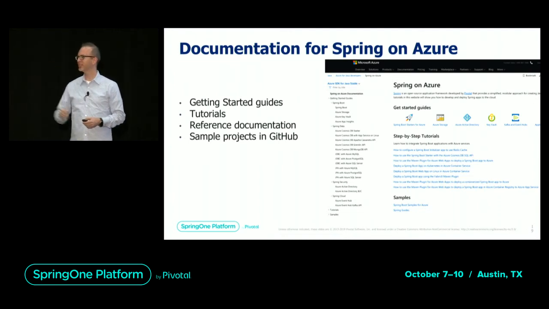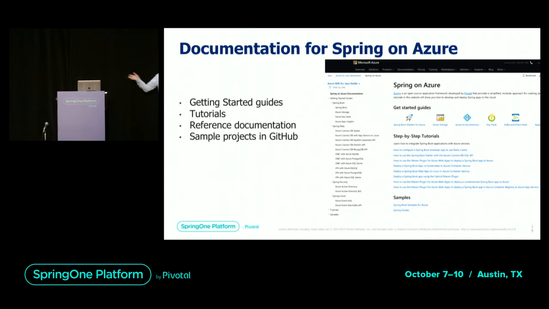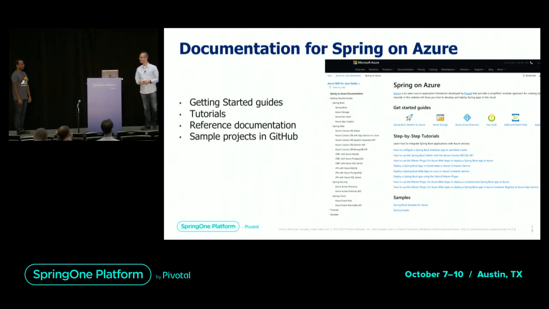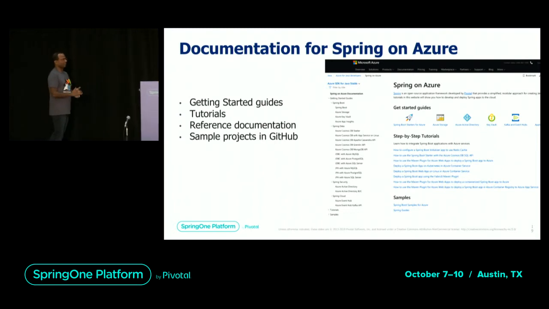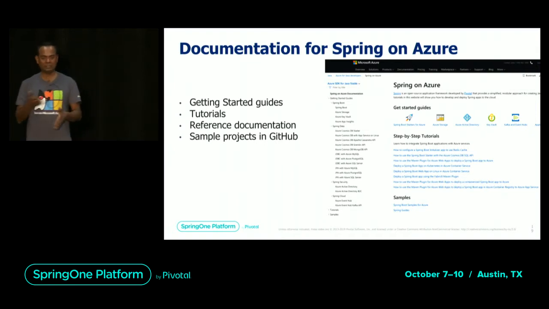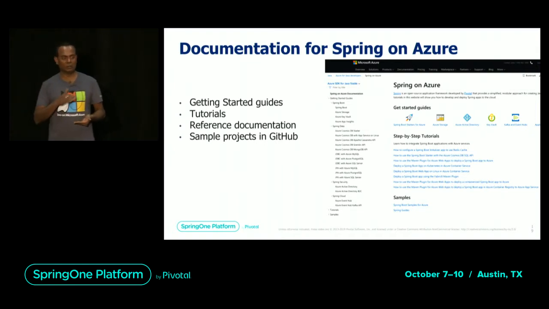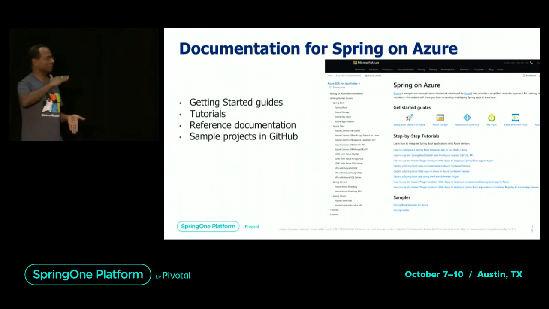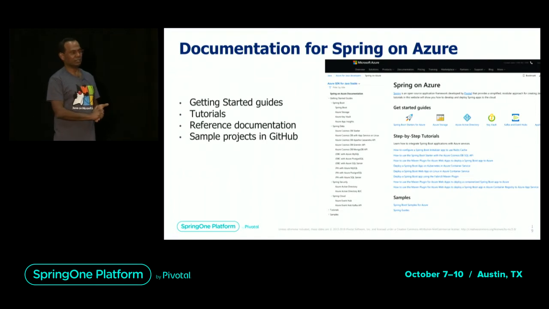Documentation. Your team does a lot of docs. Fabulous right there. I guess you don't do any of the writing. But tell us about the documentation a little bit. So we have, right on our doc site, a dedicated landing page for Spring on Azure. It outlines many of the things that we touched on, giving you the getting started information, lots of samples, and lots of conceptual guides so that you can get started.